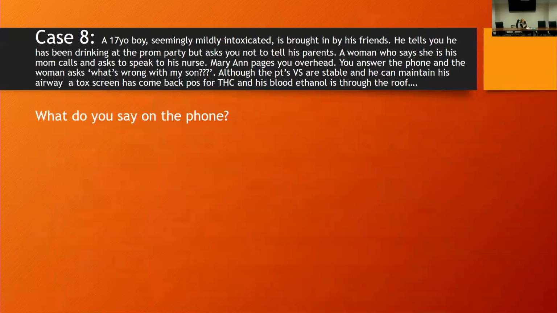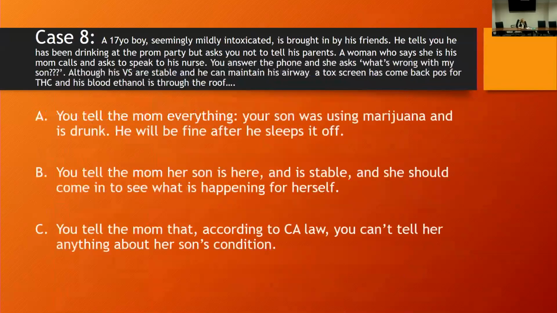So this was actually the scenario, and it's absolutely the same thing. Some people argue that in the first scenario the kid was unconscious and in dire straits, and of course the parent needs to know about it.